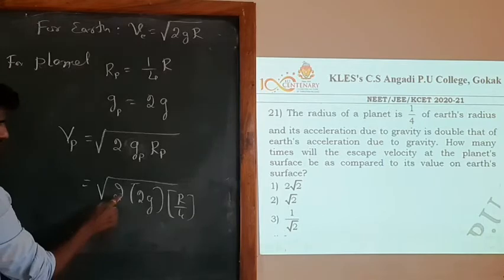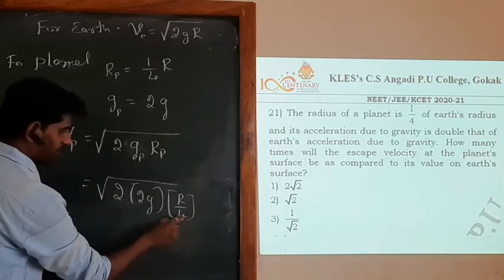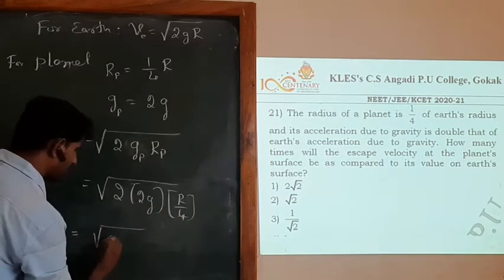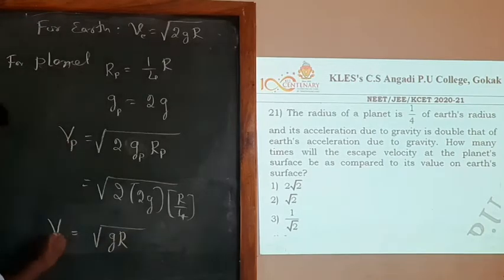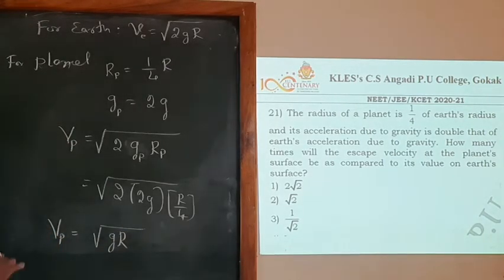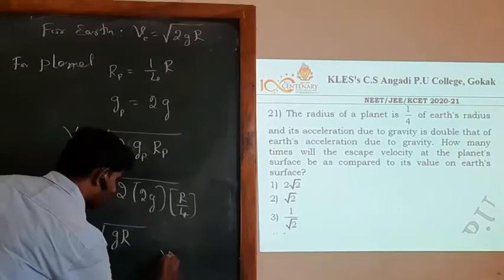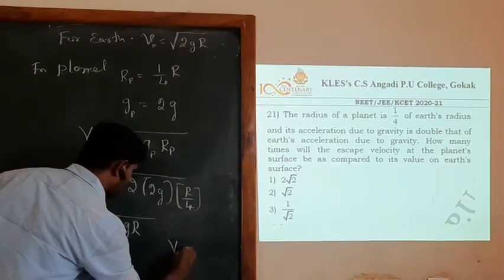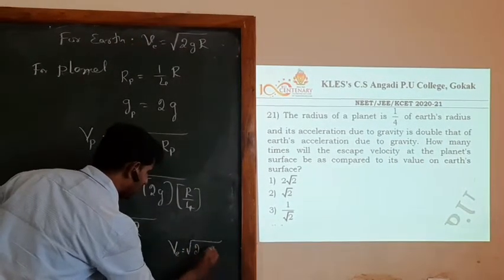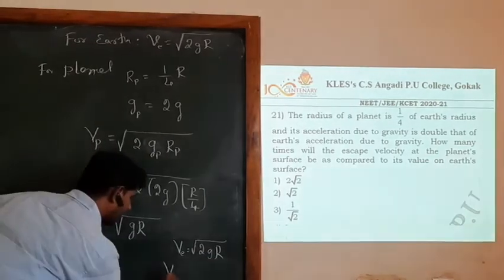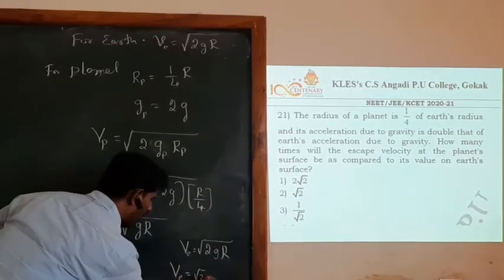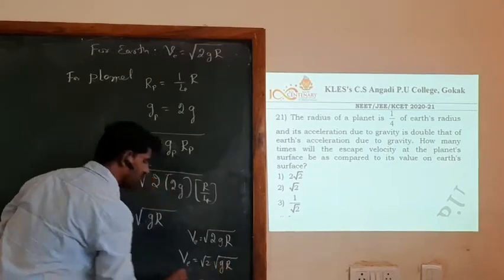So 2 into 2 is 4, and the denominator is 4. This 4 and this one cancel. So this will be root of gR. So this is VP. And we know Ve is equal to root 2gR. I can write Ve is equal to root 2 into root gR. Is it clear?